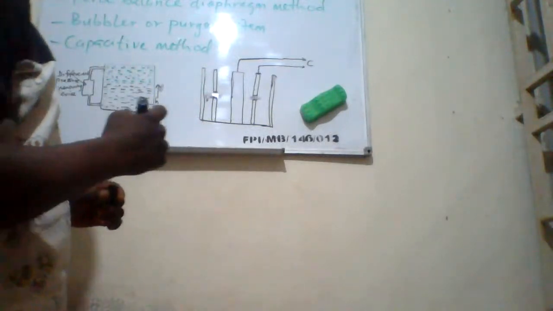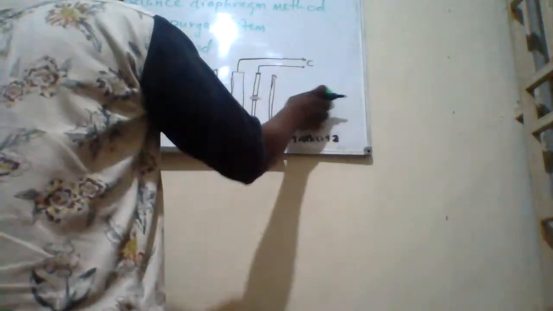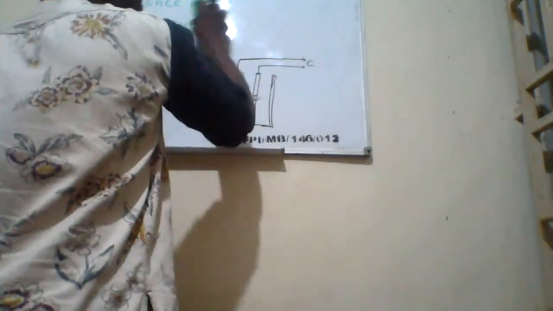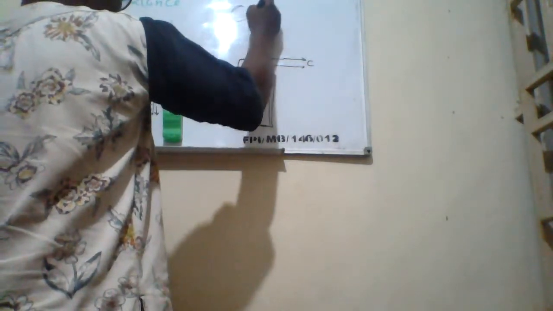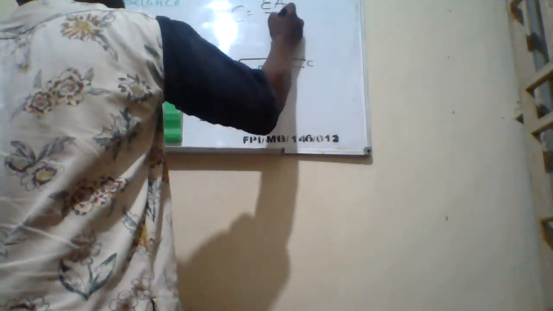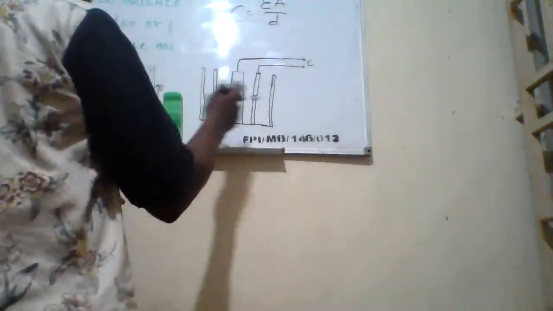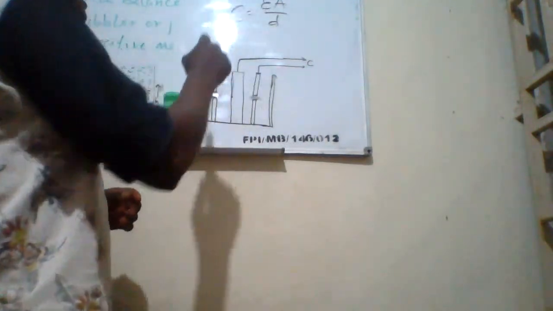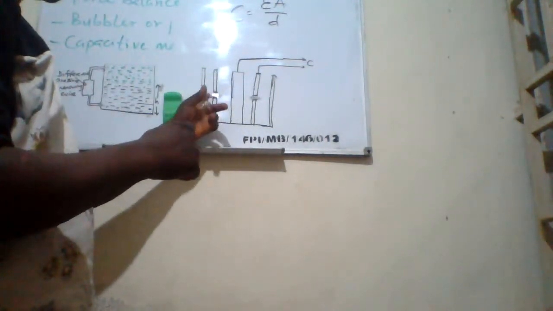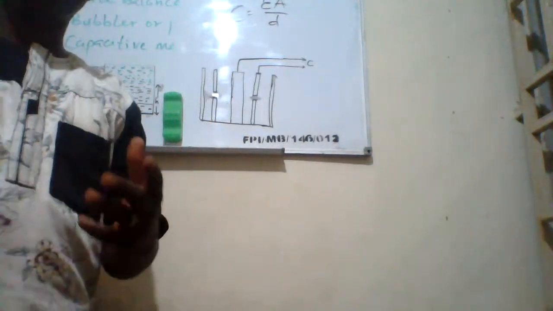Now, the capacitance obtained, a parallel plate capacitor, capacitance value is given as C equals EA over D, where E is permittivity, A area of the plate, and D, the distance of separation. Now, E, permittivity, depends on the type of dielectric that we use in the tank.